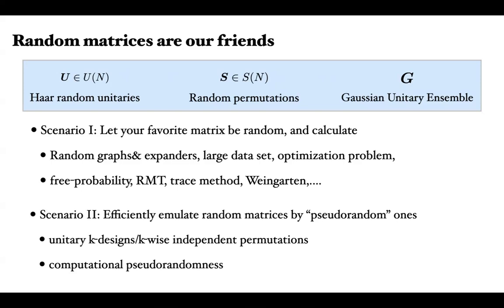This k is just how many copies you're allowed to query, so this is all information theoretic. Recently people in the quantum community have been thinking about computational versions of pseudorandomness, using computational complexity assumptions to argue that you can create random matrices very efficiently.